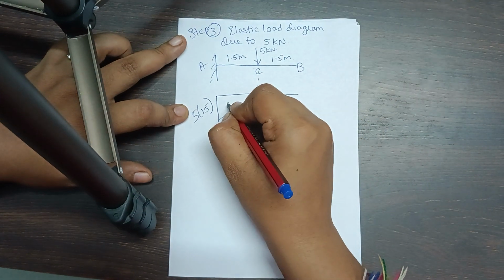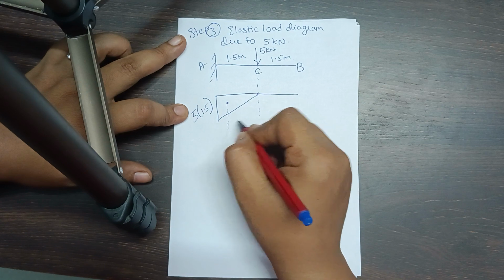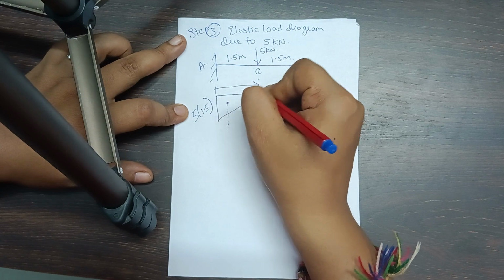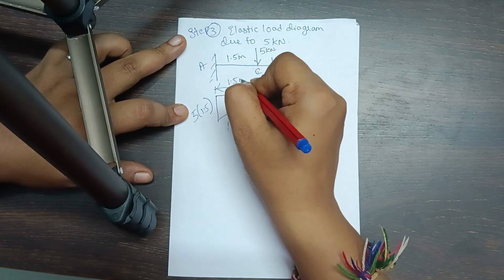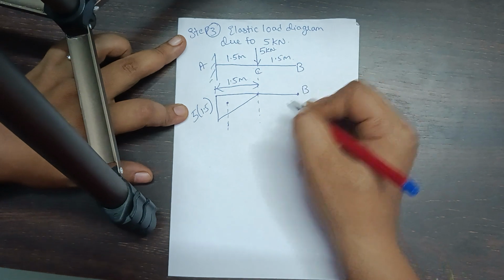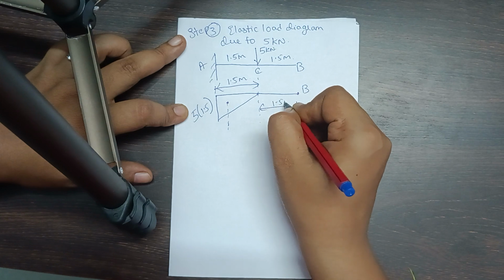Now again I want the centroid of this. I know the centroid from here to here is 2/3 of the base distance. Since the base distance is 1.5 meters, it is 2/3 of the base distance, but I need it from point B. The distance of point B is again 1.5 meters.